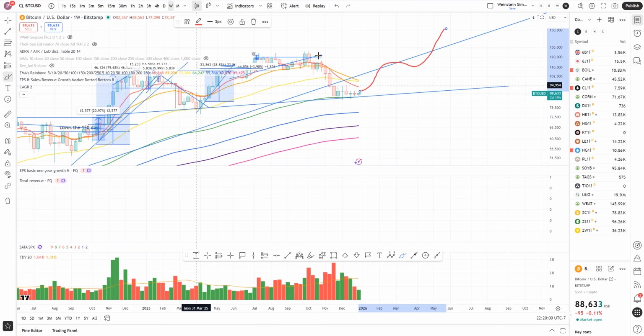And then you can see there's this big line across the top, and if it breaks through, then it'll be back off going up again. So those are the two most likely outcomes for Bitcoin today.